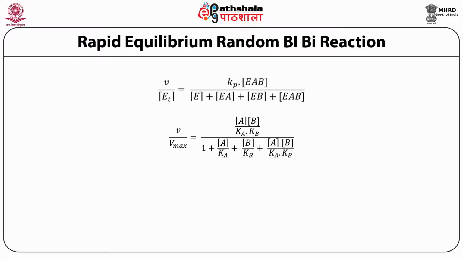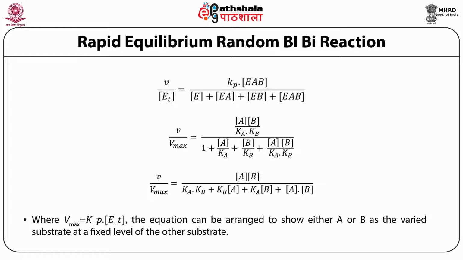Here we are putting the values for the different enzyme forms, and after solving this equation, the final equation will be V upon Vmax is equal to the concentration of A times the concentration of B divided by Ka times Kb plus Kb multiplied by A plus Ka multiplied by B plus A times B. In this case, Vmax is dependent on Kp times Et.